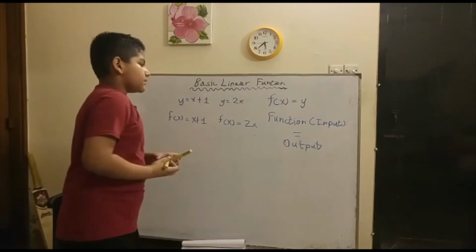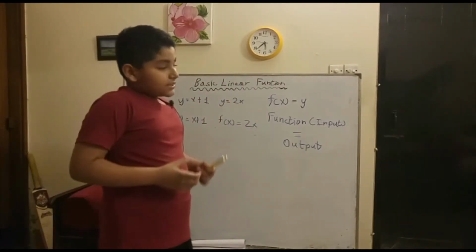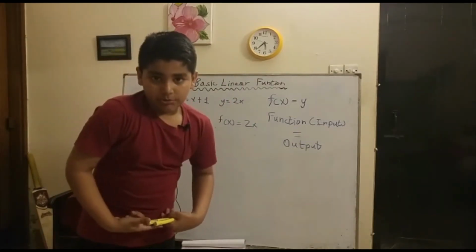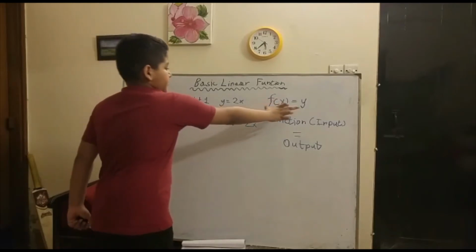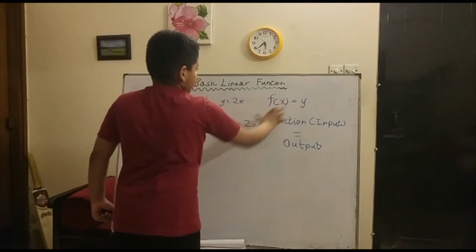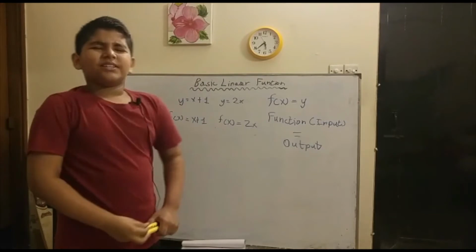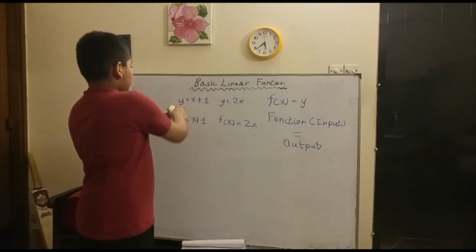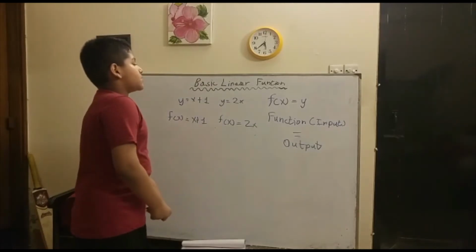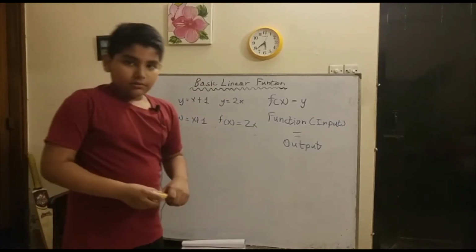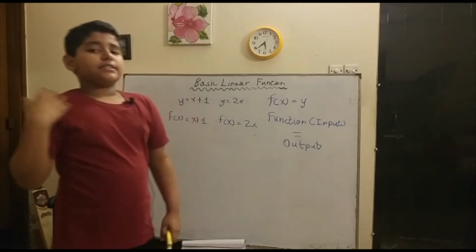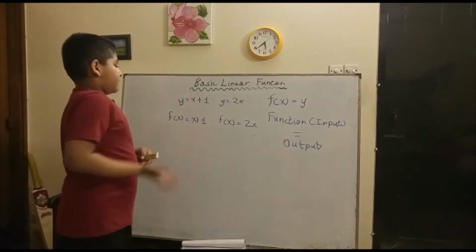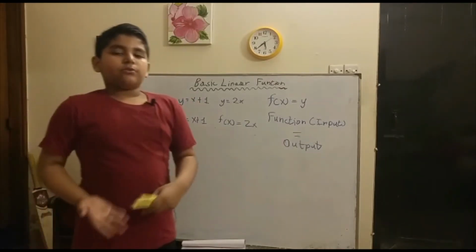So they can be interchangeable because we have agreed with this statement. Now, if they're interchangeable, why not write y equals x plus 1 and why write f of x equals x plus 1?